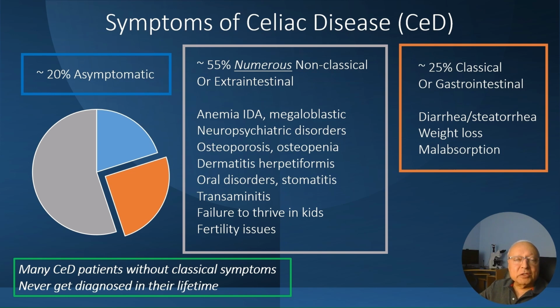Another 20% of patients are completely asymptomatic, and the rest have non-classical or extra-intestinal symptoms that may include iron deficiency anemia or megaloblastic anemia, neuropsychiatric disorders, osteoporosis, osteopenia, dermatitis herpetiformis, oral disorders, stomatitis, just the LFT changes of transaminitis, failure to thrive, stunted growth in children, fertility issues.